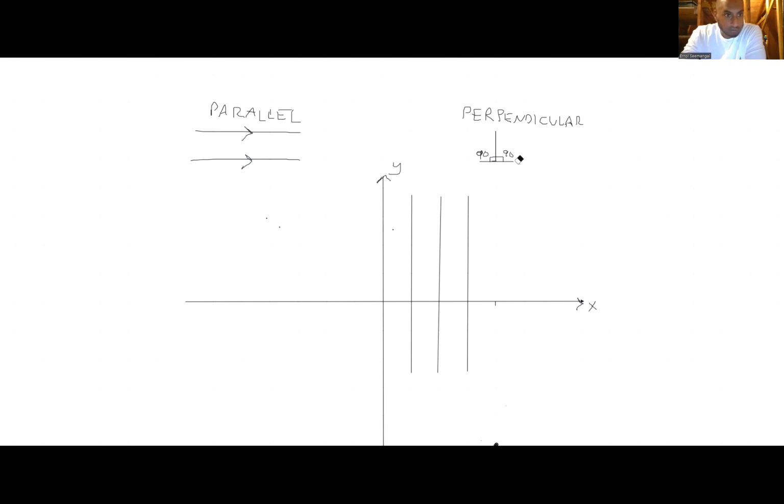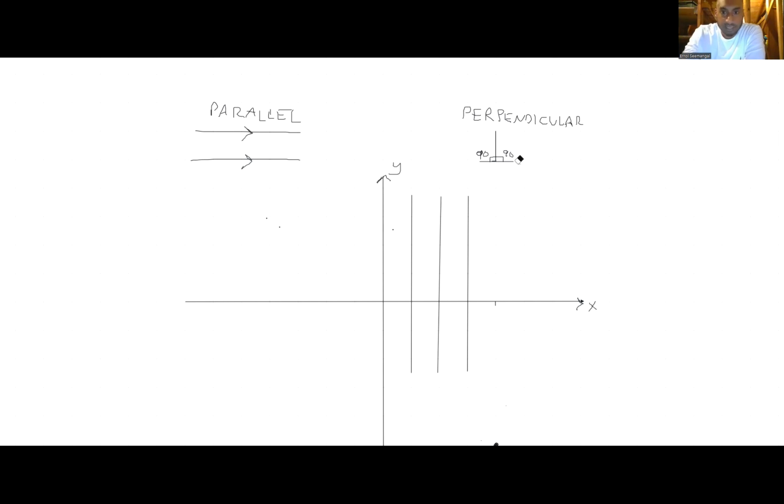I gotta erase it the other way. Can't erase it like that. So basically, any horizontal line, you know what horizontal means, right? What does horizontal mean again? Horizontal means a line that's going up and down. No, side to side. Sorry. Yeah, left and right. So the x-axis that goes left and right is horizontal, and the y-axis is vertical, up and down.